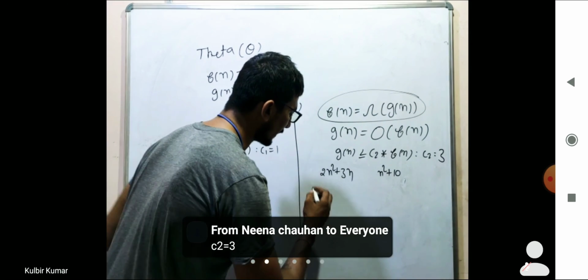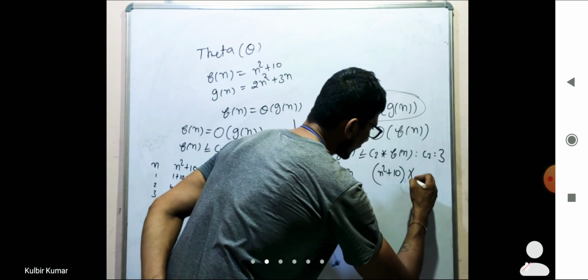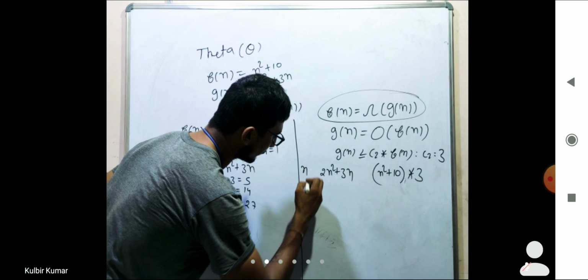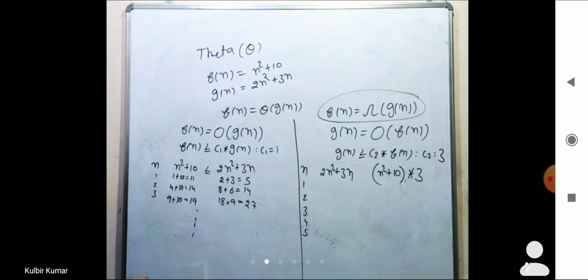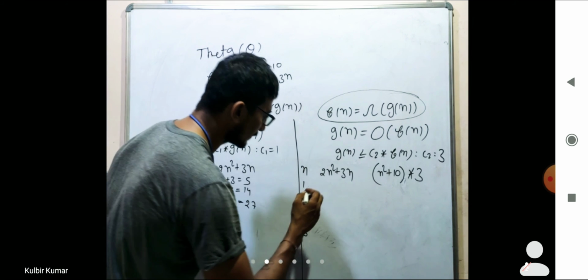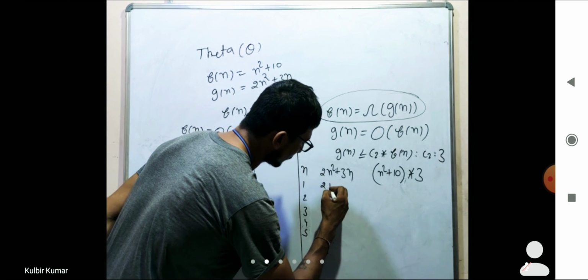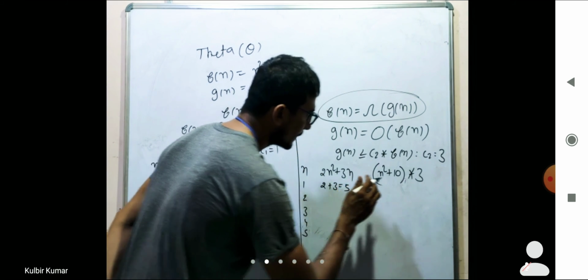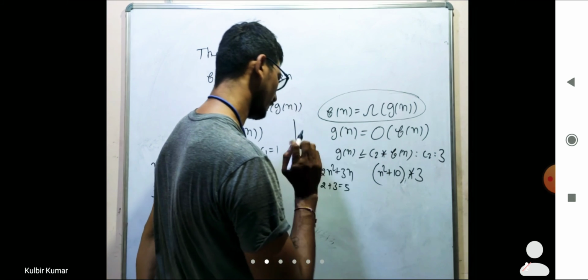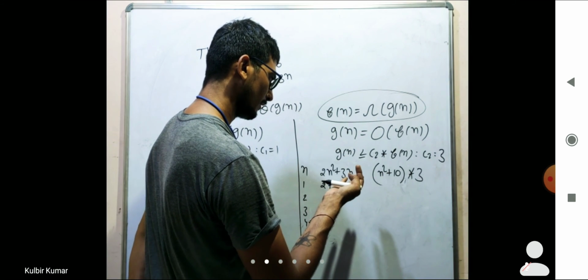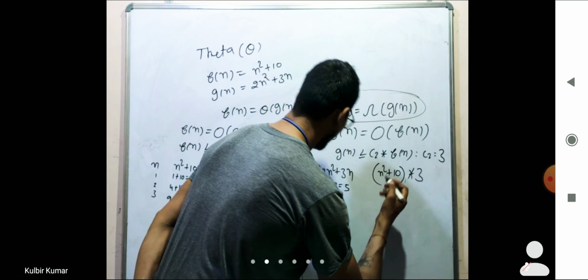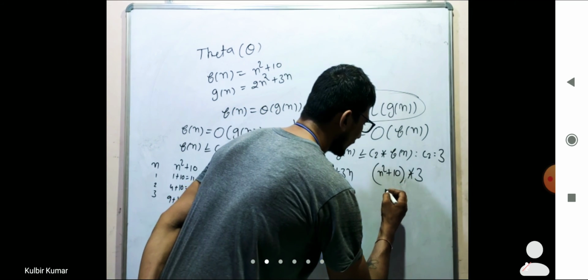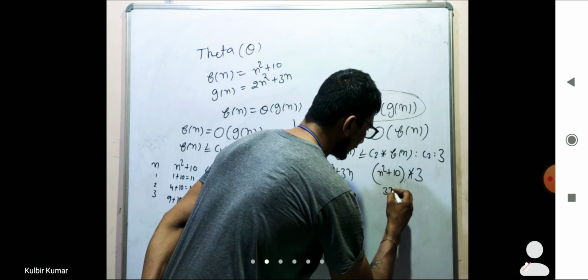So 3 put करने के बाद क्या होगा? This term is multiplied by 3. So I'm just going to take few values of n like 1, 2, 3, 4, 5. Till this point it is visible. So what happens? It will become 1 square, that 2 plus 3, that is nothing but 5. This thing will become how much? That is 1 square 1, 1 plus 10, sorry, it will become 33.